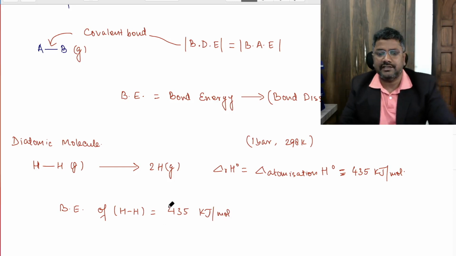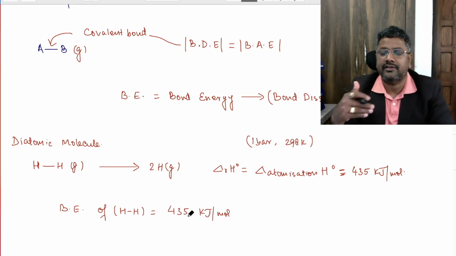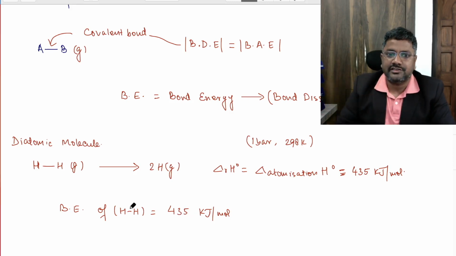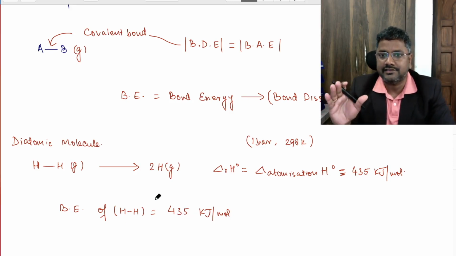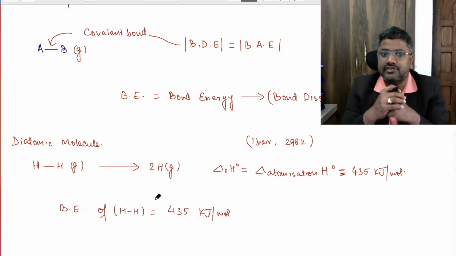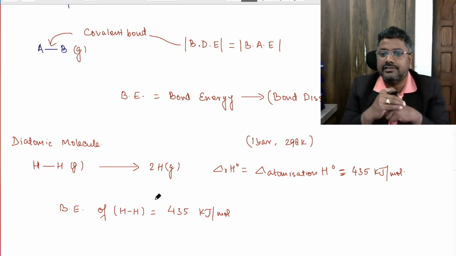If you want to cleave 1 mole, meaning Avogadro's number of such bonds, in the gaseous state under this specified condition, you have to put 435 kilojoules of energy into the system. In other words, in the formation of Avogadro's number of such H-H bonds, this amount of energy is released from the system.